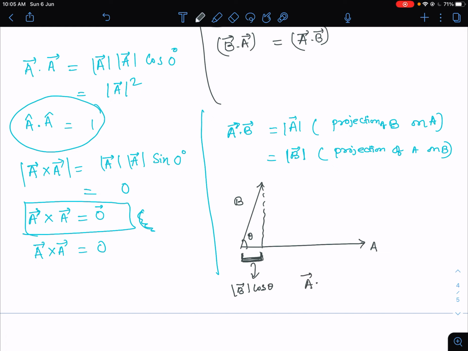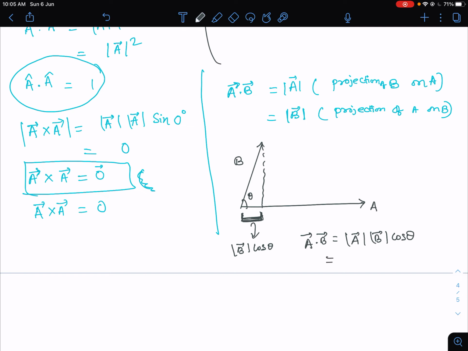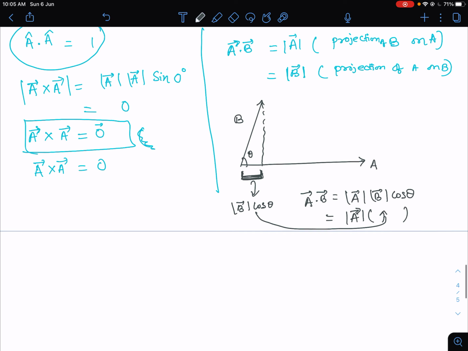So what is the dot product of A and B? It is A B cos theta, that is, the magnitude of A times the projection of B on A.